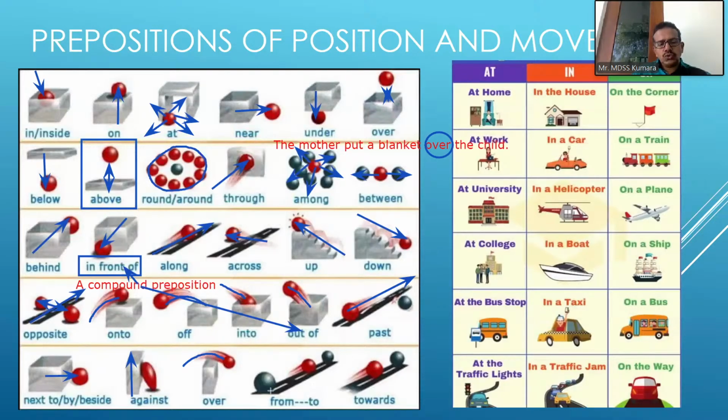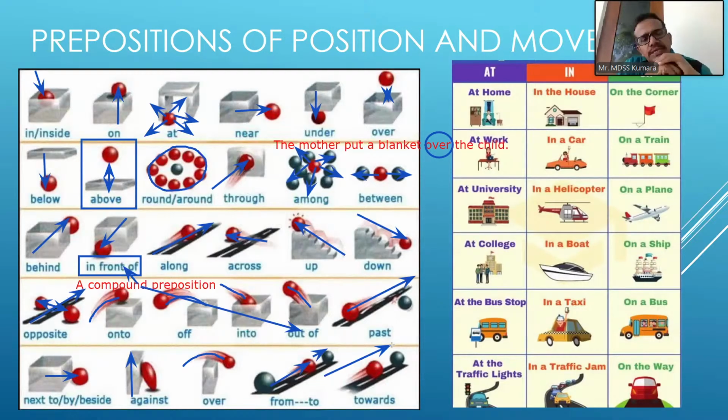So these two common prepositions, from and to. And the last one is towards. Towards means in that direction. Maybe we are not going exactly to that place, but we are going in the direction of that place.